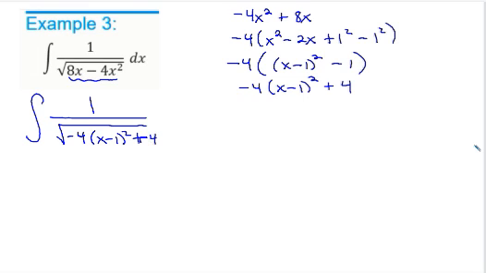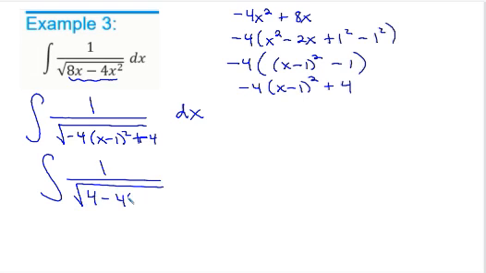So if we look at this thing in a little bit different package now, and this is where maybe a little bit of my guidance will help here. Let's make this the square root of 4 minus 4 times x minus 1 quantity squared. Let's make it look like that. And then let's factor that 4 out.